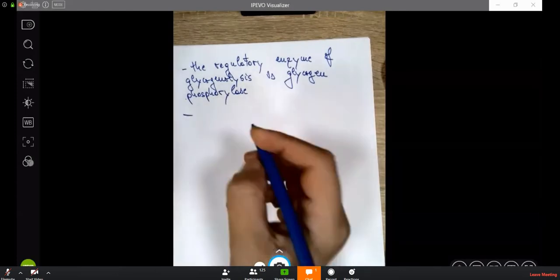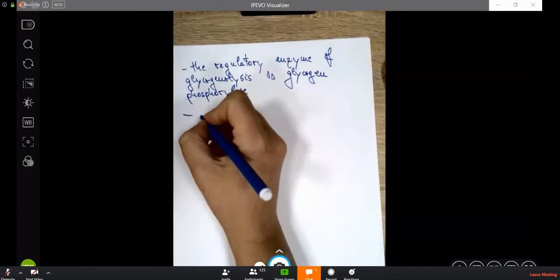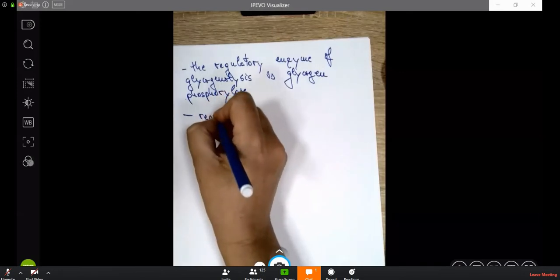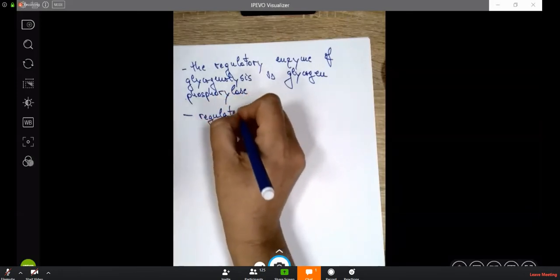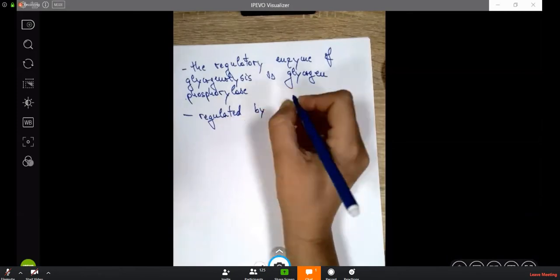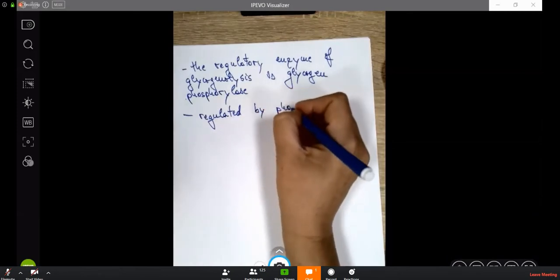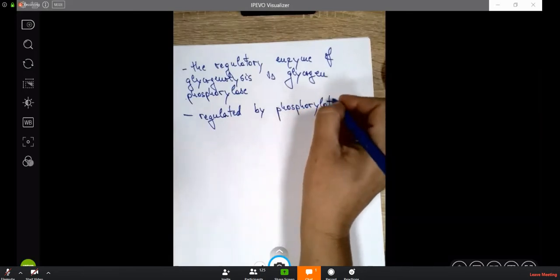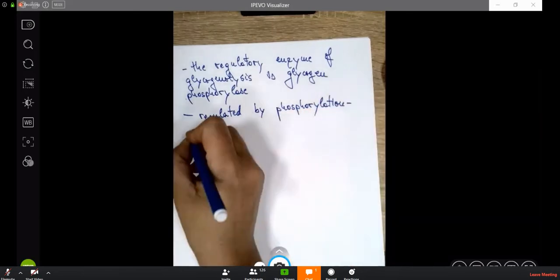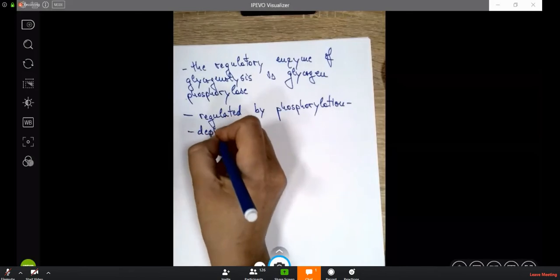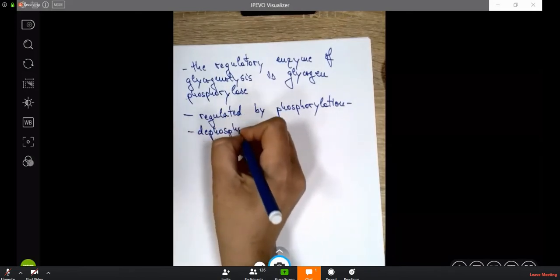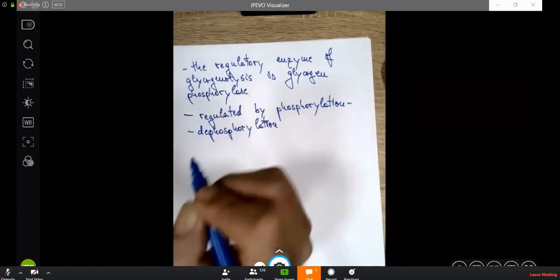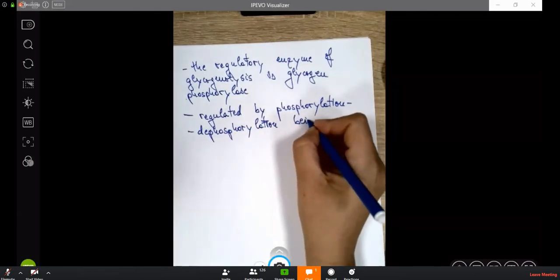And this is covalently regulated, so regulated by phosphorylation, phosphorylation being active.